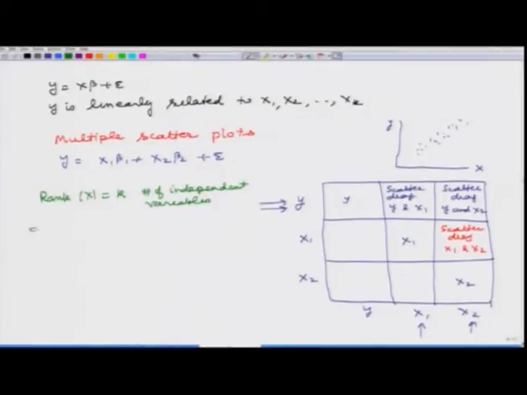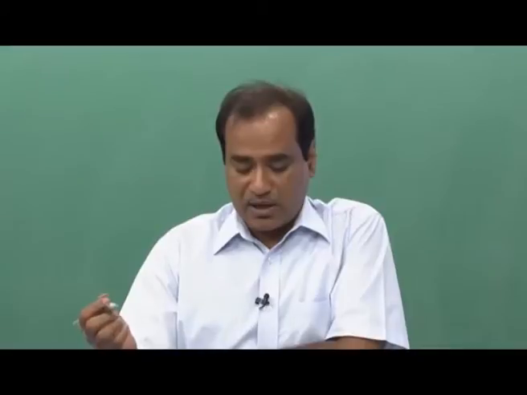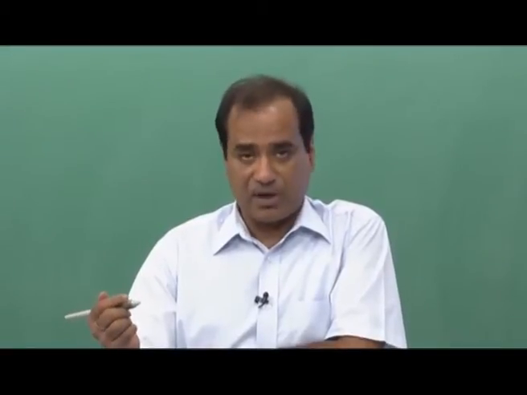So, this implies that all of x1, x2, xk are going to be linearly independent. We need to ensure, before we go for any linear regression analysis, that these assumptions are verified.